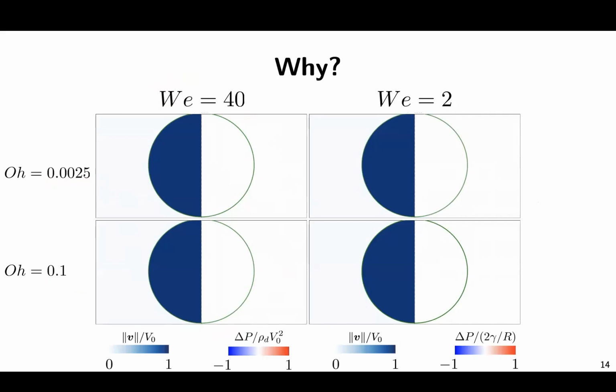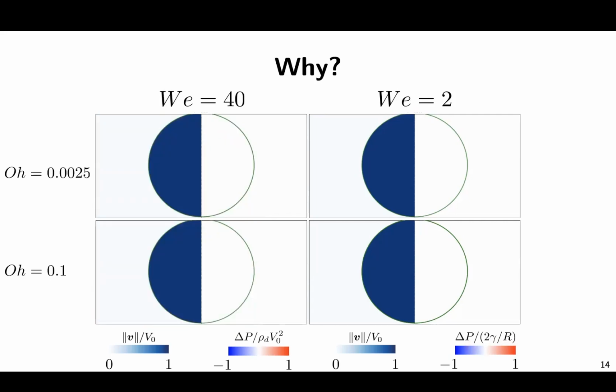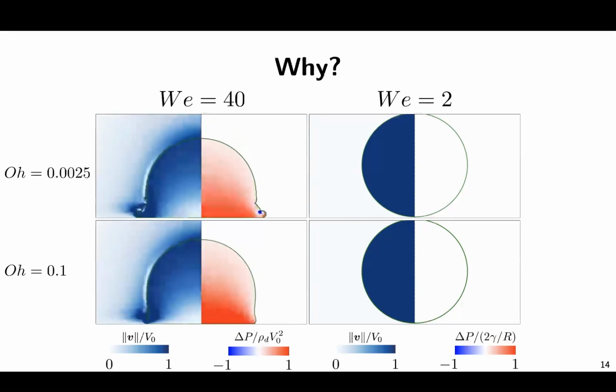For the high Weber number cases, I show the gauge pressure normalized with the inertial pressure. For low Weber numbers, I show the same gauge pressure normalized with the capillary pressure, and these two are the relevant pressure scales in this process. You see that for high Weber numbers, the pressure inside the droplet, particularly at the region of impact, is essentially equal to this inertial pressure, and the relevant length scale is of course the diameter of the droplet.